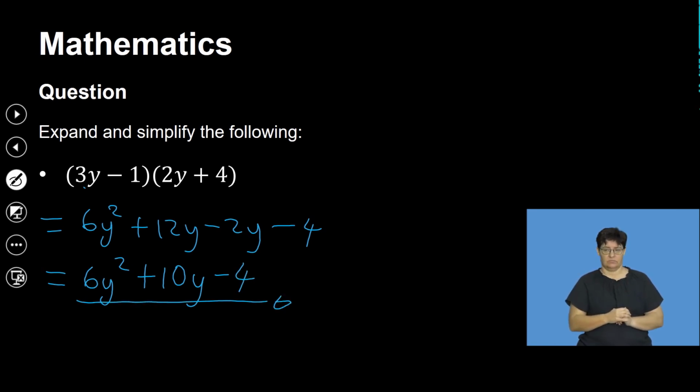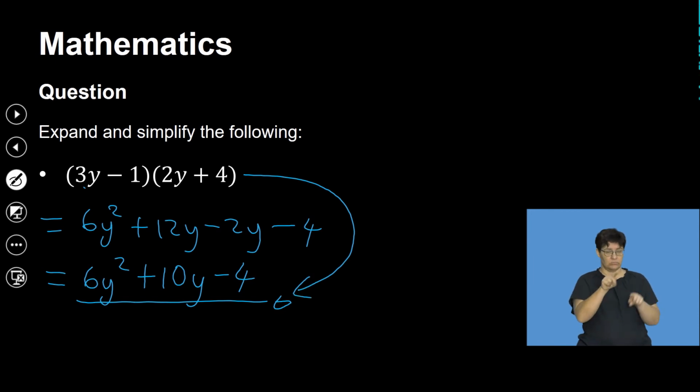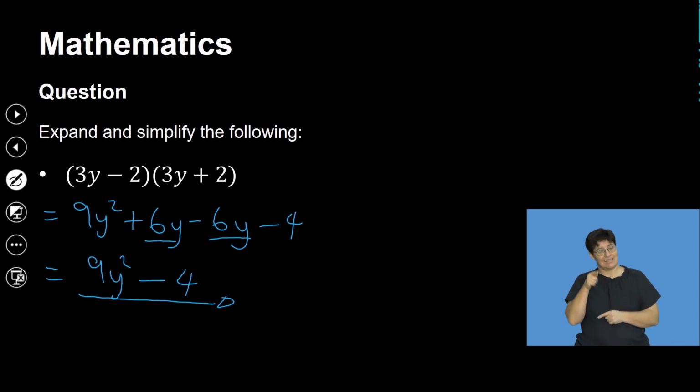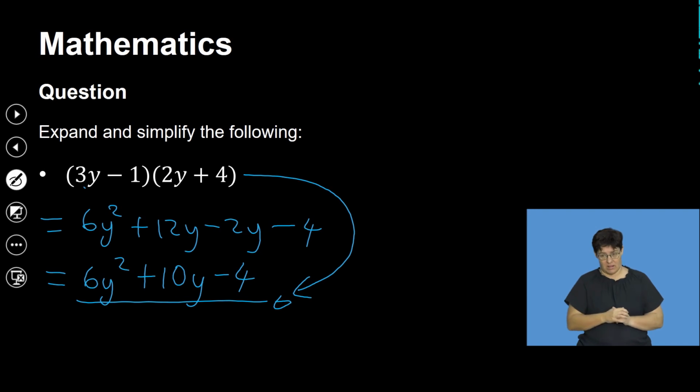So this is the condition where after multiplying the two binomials, you actually get a trinomial. So far I've shown you three examples of multiplying two binomials. It's this one where I get a trinomial for sure, this one where I get a binomial as my final answer, and this one where you get a trinomial as well.